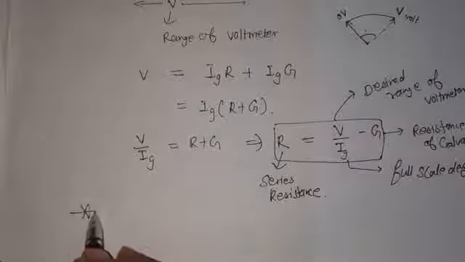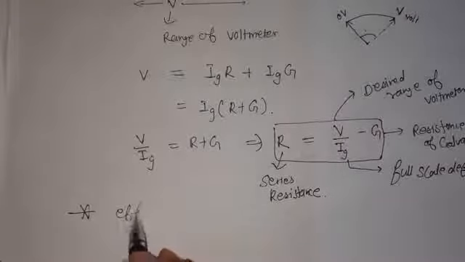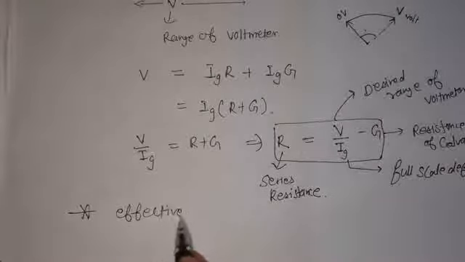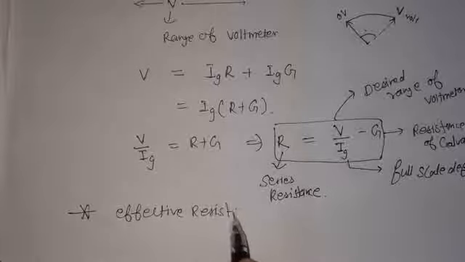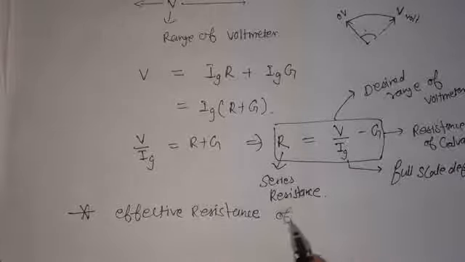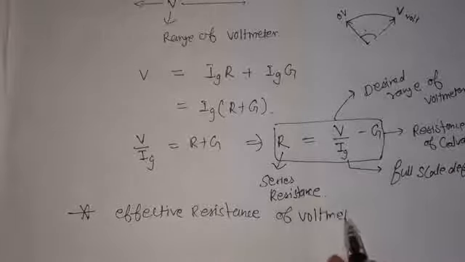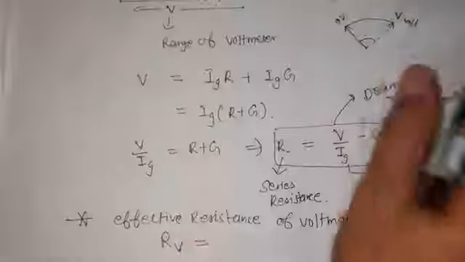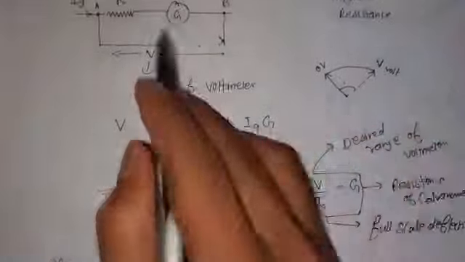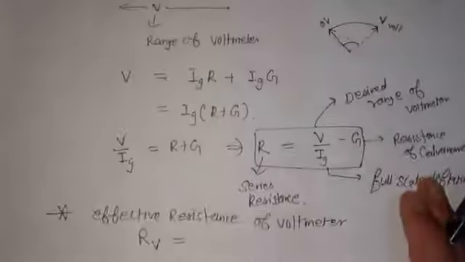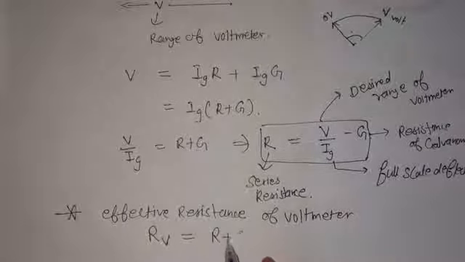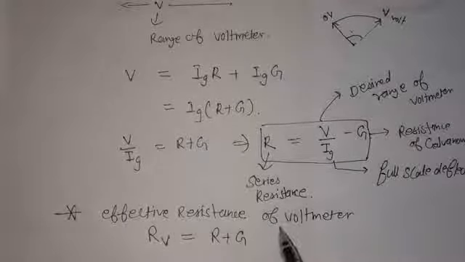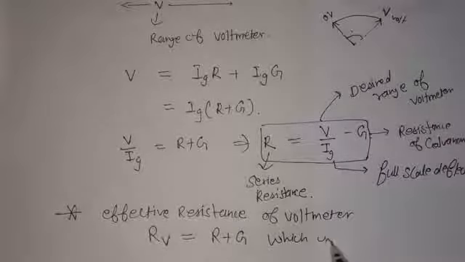The effective resistance of this voltmeter is Rv, and since we have used a series resistance with the galvanometer, it is R plus G, which is very high.